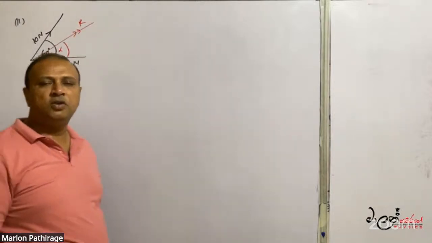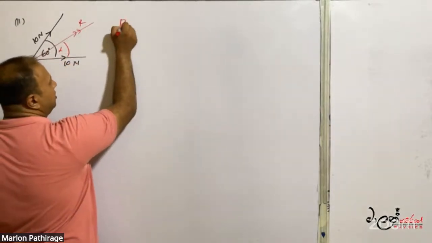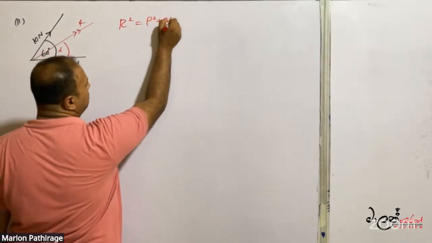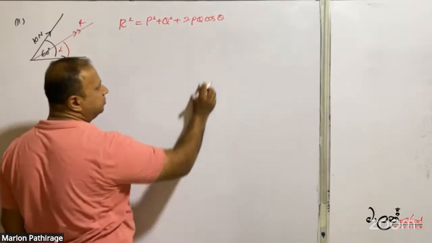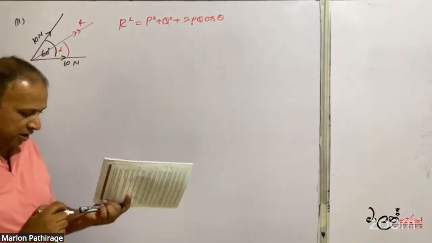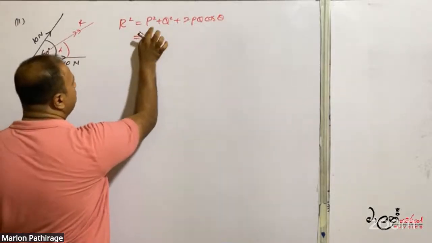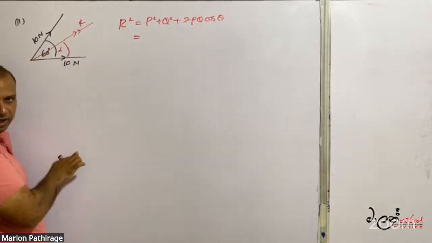So you can use two equations. R square is equal to P square plus Q square plus 2PQ cos theta. Now, P square is 10 square, Q also equals 10.